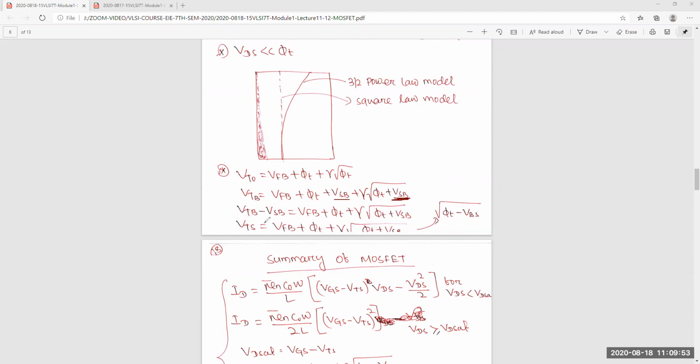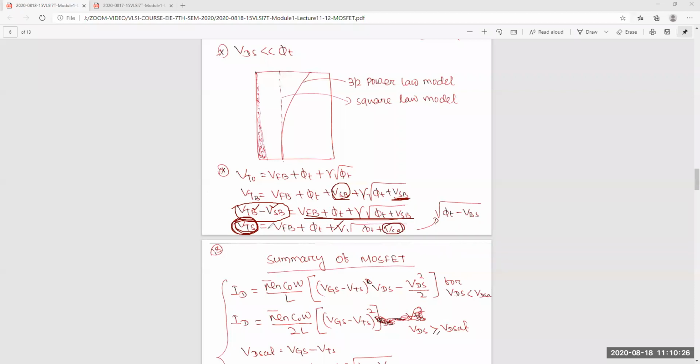If you take these to this side, finally you will get this, and this is nothing but VT, the threshold voltage with respect to bulk and substrate voltage with respect to bulk. So this part will be nothing but VTS with respect to source. That's why this part is not in your equation, only this part.